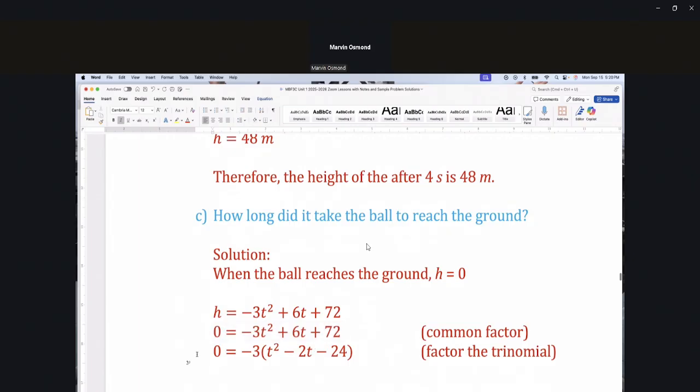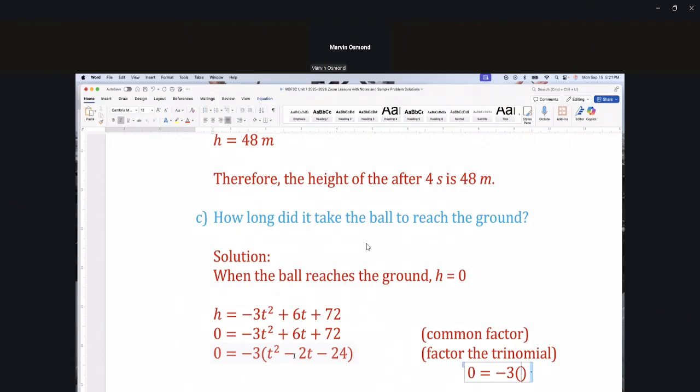So now we have to factor this particular trinomial. The minus 3 stays the same, so now t squared is going to become t. So we have t squared minus 2t minus 24.